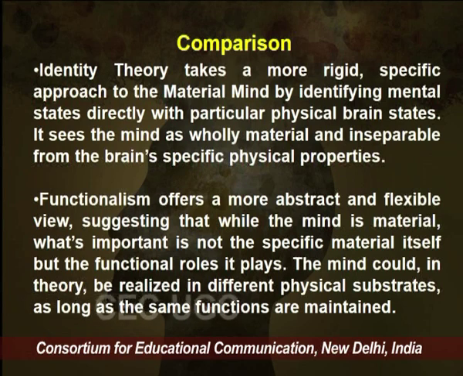Functionalism offers a more abstract and flexible view, suggesting that while the mind is material, what is important is not the specific material itself, but the functional role it plays. The mind could, in theory, be realized in different physical substrates as long as the same functions are maintained.